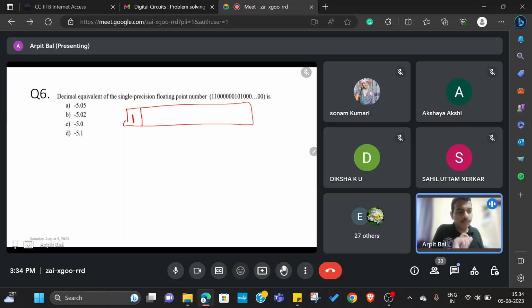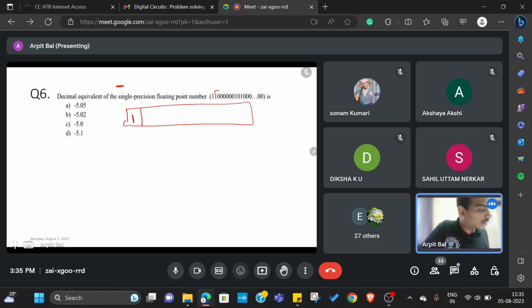The first bit of the single precision floating point number represents the sign. We see that it is 1, and 1 means the number is going to be negative. Then we pick the 8 bits which represent the exponent.